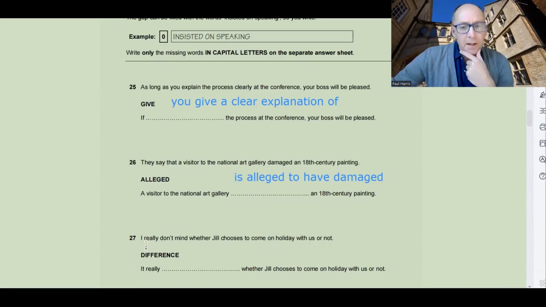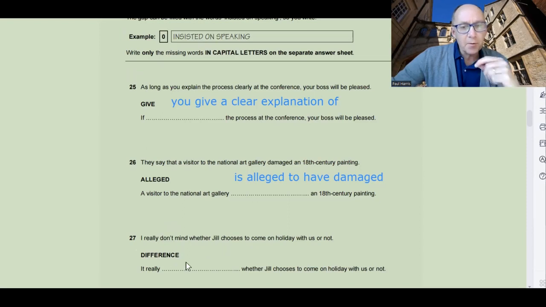Okay, I really don't mind whether Jill chooses to come on holiday with us or not. Okay, so again, looking quickly, what do we need to write? What do we already have written? We can see here whether Jill chooses to come on holiday with us or not. We've got that here. It's only really at the beginning. I really don't mind.